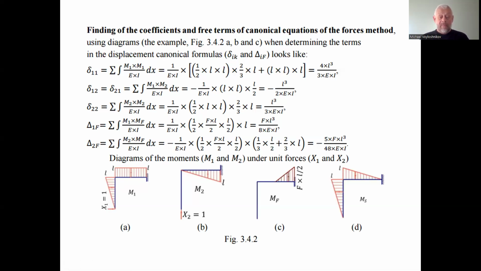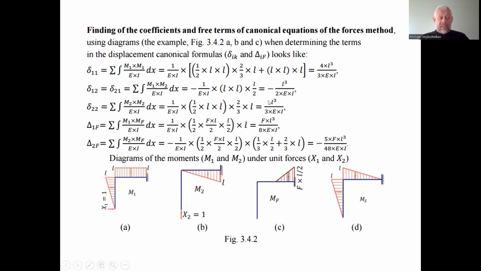And the center of the area of this bending diagram is in the middle of the segment. For the linearly distributed bending moment of the other unit force, the magnitude of the diagram in the middle is, if the maximum is L and it is linearly distributed, L divided by 2, the ordinate of the diagram of the second considered effort.